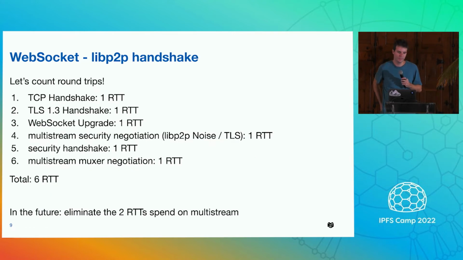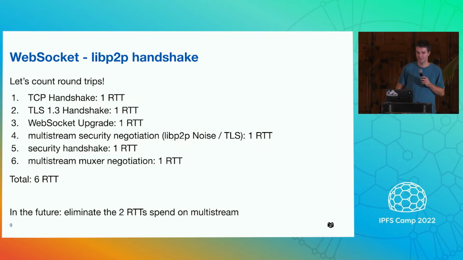The other problem with WebSocket is that it's pretty slow. I did the math to calculate how long it takes to establish a WebSocket connection, and it's not pretty. You first spend a round trip on the TCP handshake, then you spend another round trip on the TLS handshake, then you do the WebSocket upgrade request, it's another round trip.